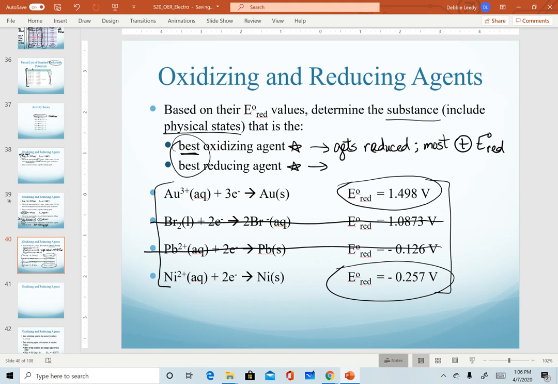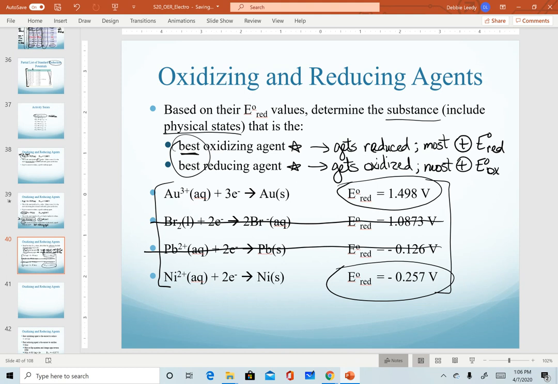If I want to identify the best reducing agent, I'm looking for the substance that will get oxidized. And I want to look for the one that's the easiest to oxidize. So essentially, I need to determine the most positive oxidation potential and what that reactant is.